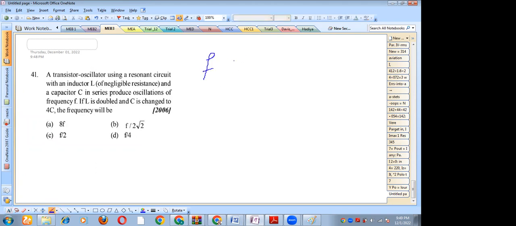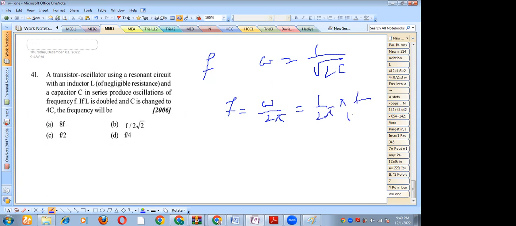What is the formula? We know that omega is 1 by root LC and frequency F will be omega upon 2 pi, so 1 by 2 pi into 1 by root LC. So this is the frequency. Now try the question.